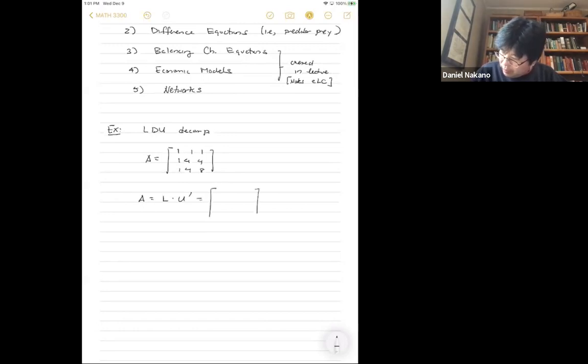And the L looks like this: 1 0 0, 1 1 0, 1 1 1. Okay, so the multipliers are 1. You can kind of see that from the picture up here. And the U that you obtain is 1 1 1, 0 3 3, 0 0 4. Okay, that's U prime.